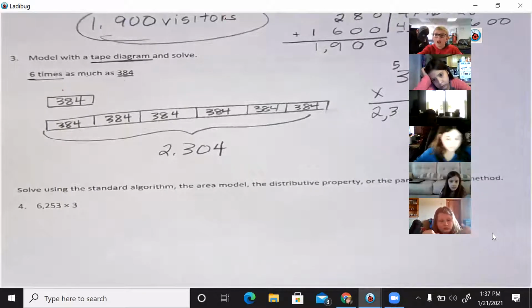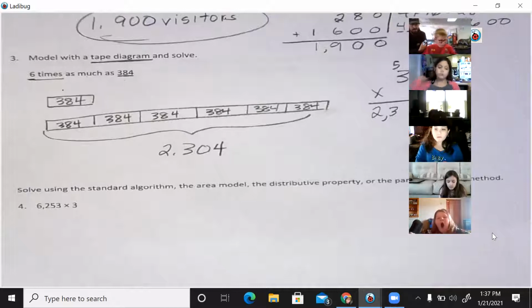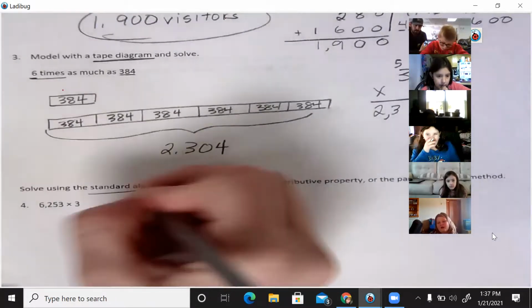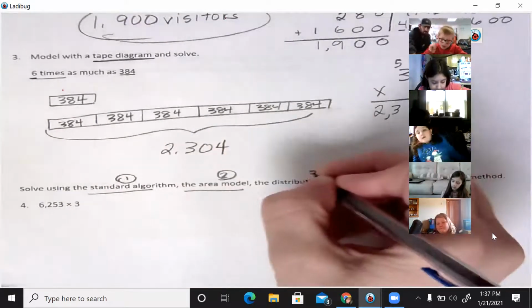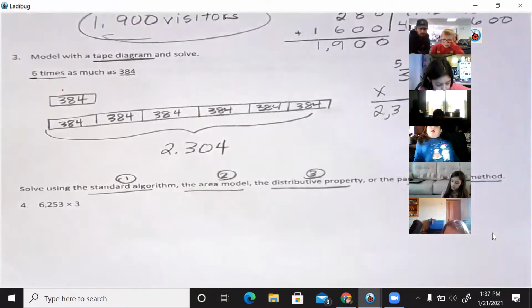All right, we're going to do something different for this last one. This number 4 says solve using the standard algorithm, the area model, the distributive property, or the partial products method. So we have 1, 2, 3, 4 methods to share.